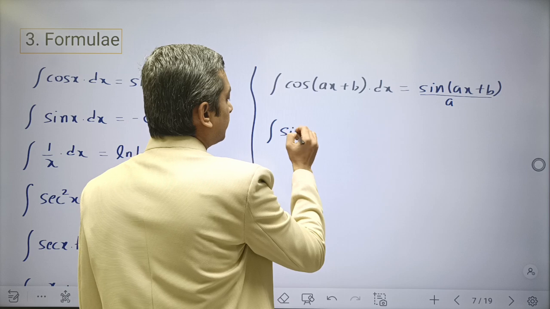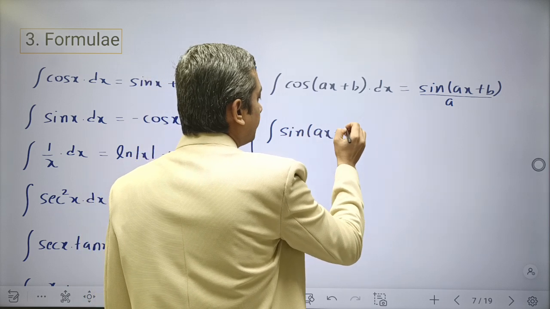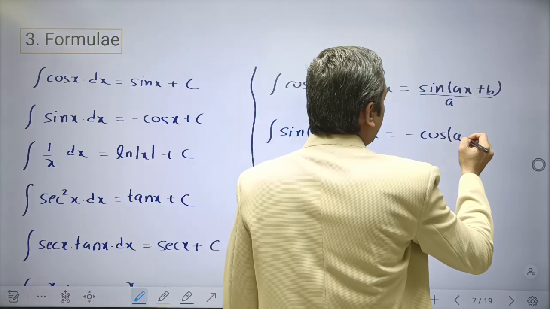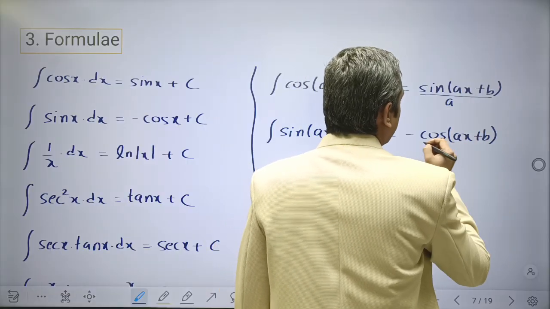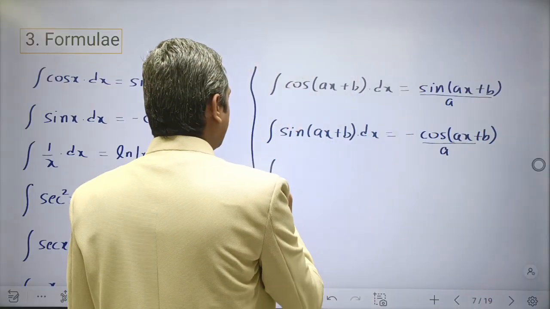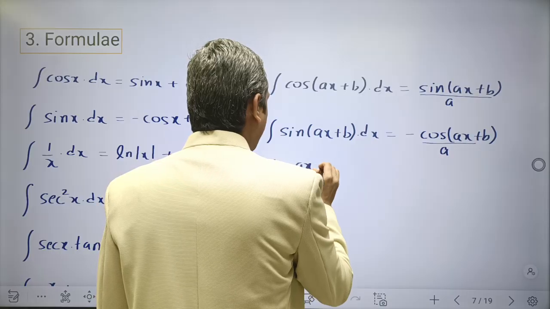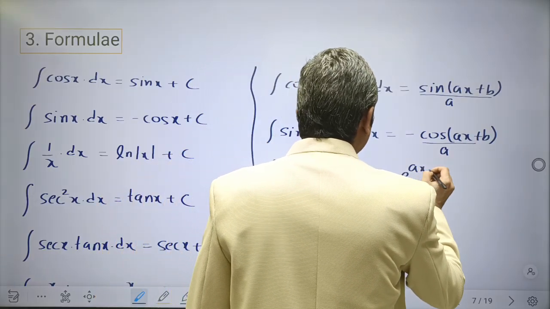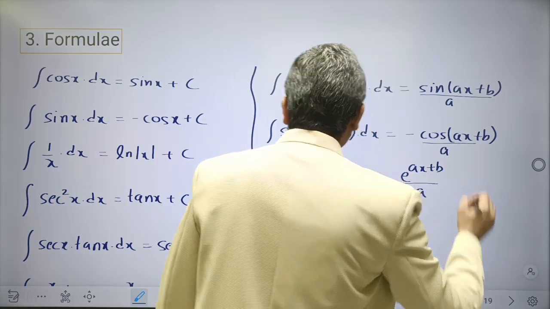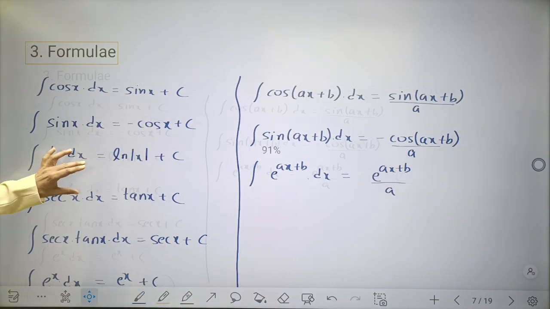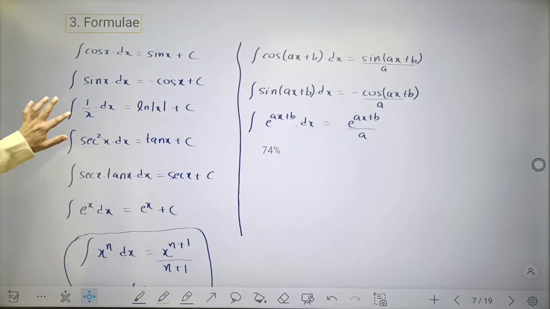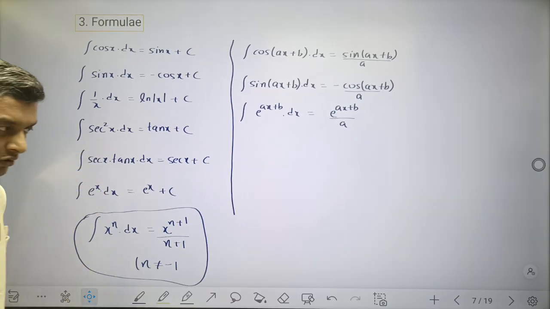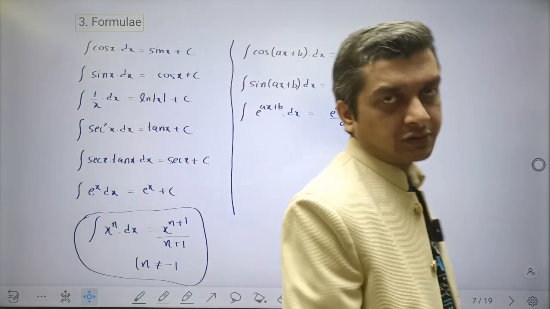Similarly, if you write sine of ax plus b, this will be minus cos of ax plus b divided by a. Similarly, e to the power ax plus b will give e to the power ax plus b divided by a. So these are the various formulae of integration. These are sufficient now, isn't it? As far as physics numericals are concerned, only this number of formulae are sufficient.